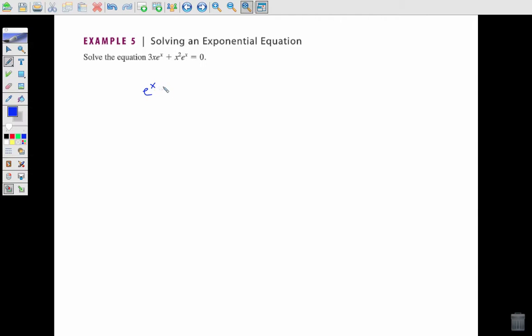What I'm going to do is factor out e to the x. Then I'm going to continue factoring here. These both have an x term.